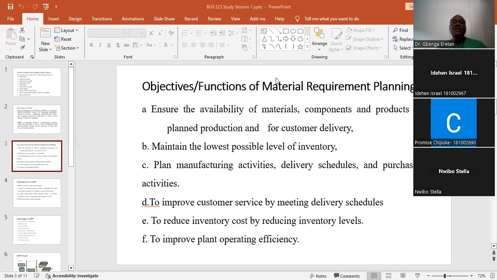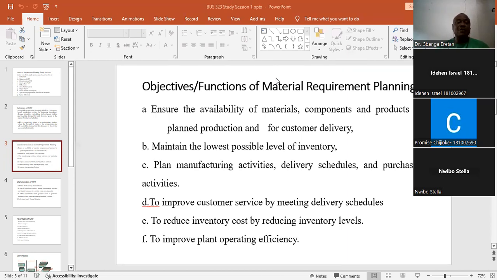Thereby, the machine will have the opportunity of working. Because if we run out of stock and there are no raw materials to carry out productive activities, most of the machines that are meant to work will be left idle. But because of material requirement planning, they are helped to use the computer to plan the flow of stock, to plan the flow of inventory, and always ensure the availability of raw materials.